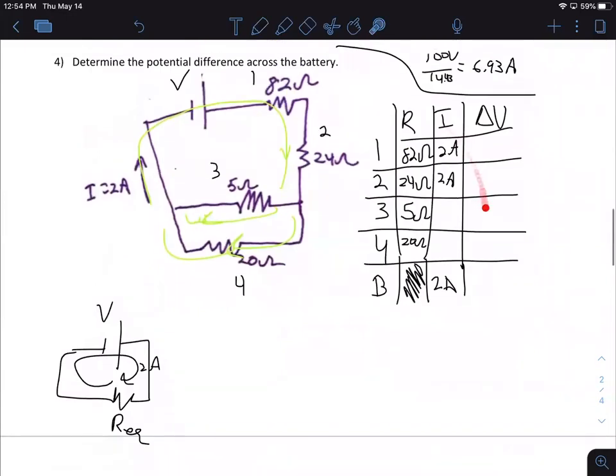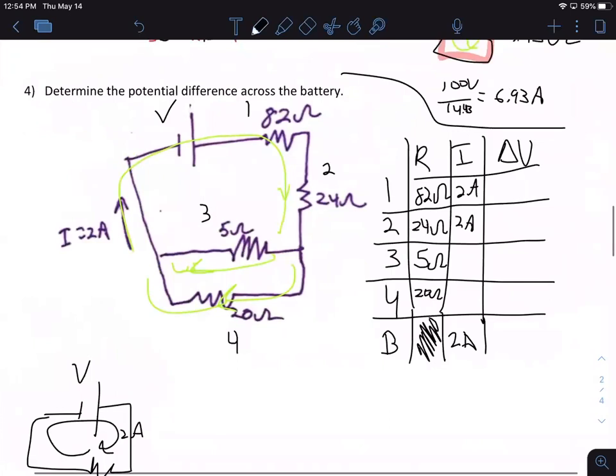So even though I wrote this whole table out, and I could do it with the table method, in this case, equivalent resistance is going to be a real nice shortcut because finding the simple circuit tells me what I need to know here. So let's shove some resistors together.